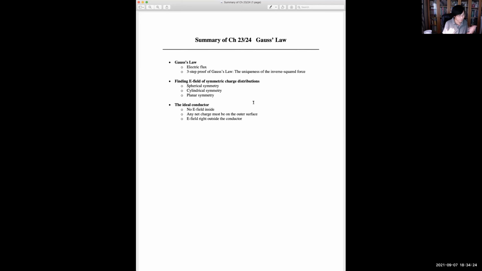Any non-zero field will cause the electron in that place to move, and that will not stop until the field becomes zero. Any field that you originally had is quickly neutralized by the motion of these electrons, because as the electrons move against the electric field, they create their own electric fields, which neutralize the original field. Eventually the total field becomes zero, because until that happens, the electrons will continue to flow until the field is neutralized.